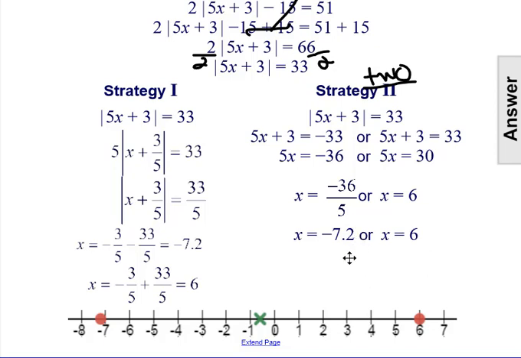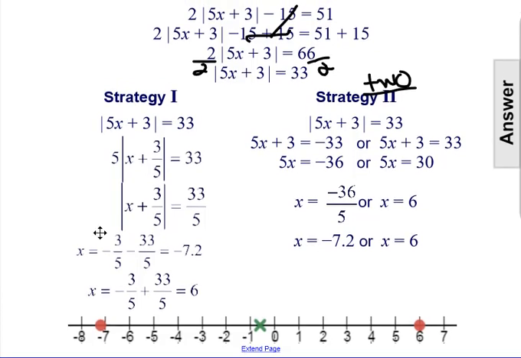Strategy number 2, and I mean it's still right, but if you're automatically setting each equal to negative 33 or positive 33, you're not working with fractions until the very, very end. Here, you're not working with fractions at all, and then you just have negative 36 over 5. So really, both will get you to your answers, but maybe strategy number 2 in this case will prevent you from making a mistake with the fractions.